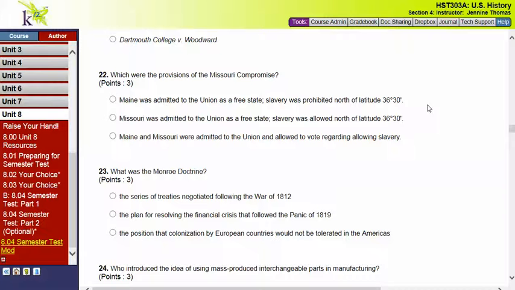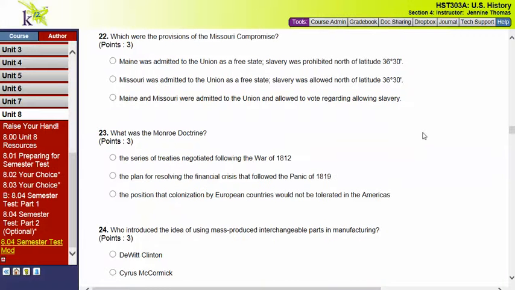Missouri was admitted to the Union as a free state. Slavery was allowed north of the latitude 36 degrees 30 minutes, or Maine and Missouri were admitted to the Union and allowed to vote regarding allowing slavery. Okay, so which option correctly describes the Missouri Compromise?